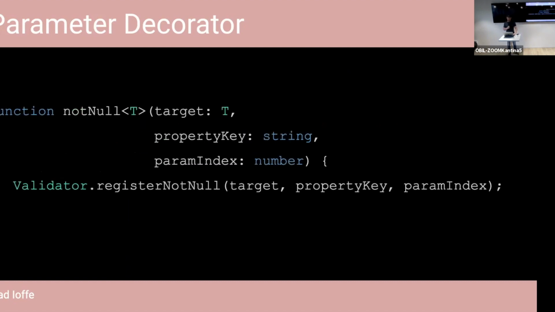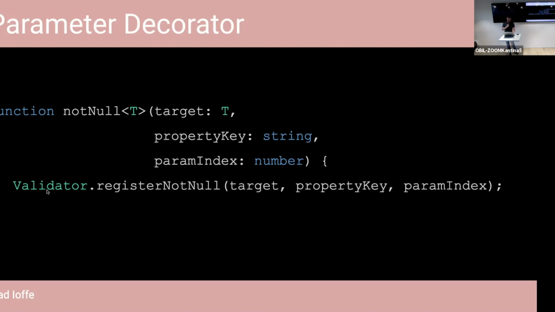So let's see how we implement the not null decorator. As you can see, it's not a factory method. It just receives the 3 parameters that every parameter decorator receives, which is the target, we are familiar with it, and also the property key, we are also familiar with it. The new one is the parameter index. So we have here the index of the parameter that is being decorated.